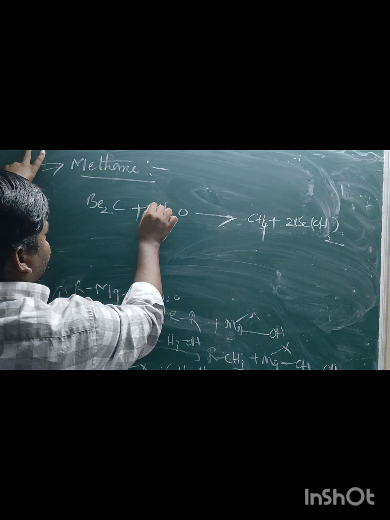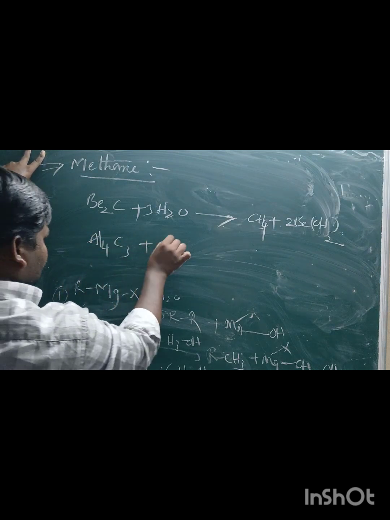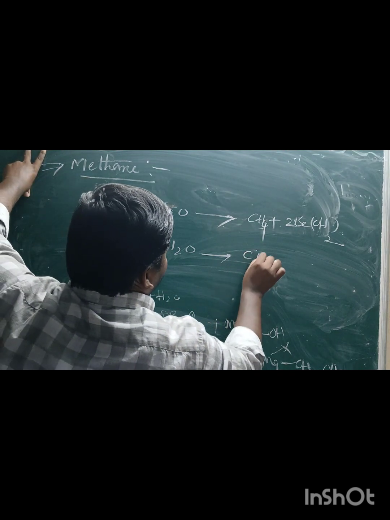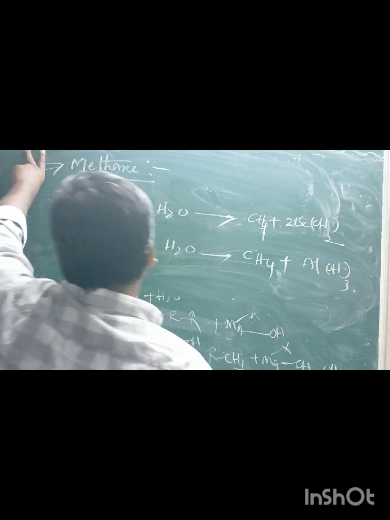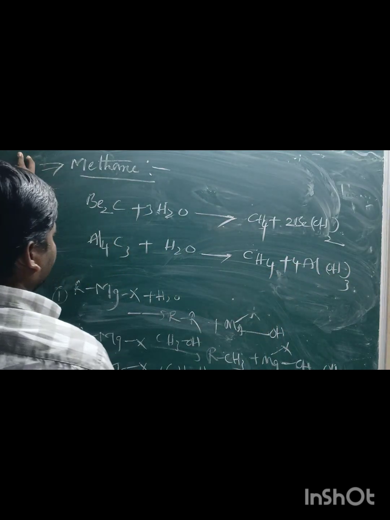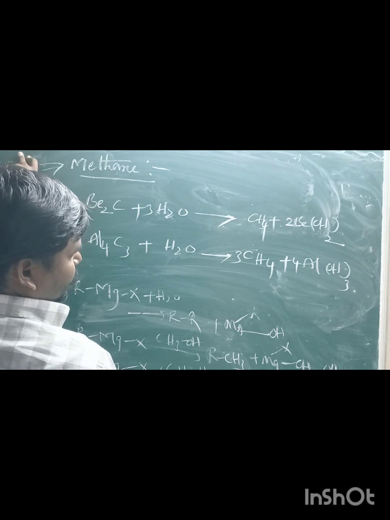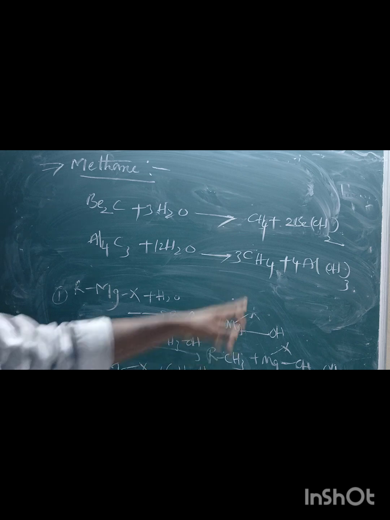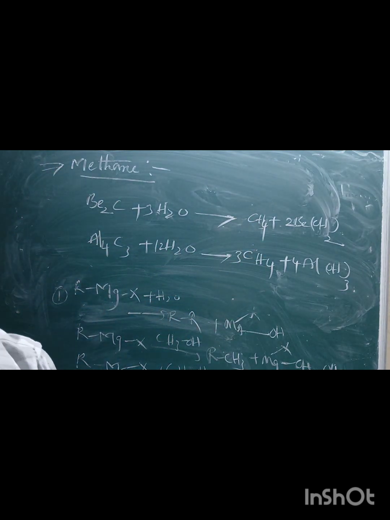In the case of aluminum carbide, hydrolysis forms methane and also aluminum hydroxide. These are the preparations of methane gas by hydrolysis of beryllium carbide or aluminum carbide.